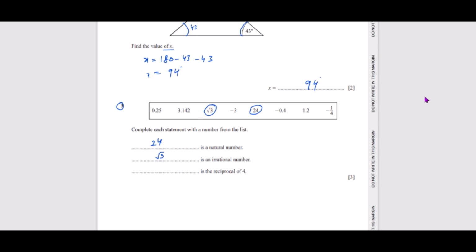And the reciprocal of 4 is 0.25. Removing the decimal, the remaining value is 25 over 100. Cancel out with each other, that is equal to 1/4. So taking the reciprocal of 1/4, that is equal to 4. So 0.25 is the reciprocal of 4.